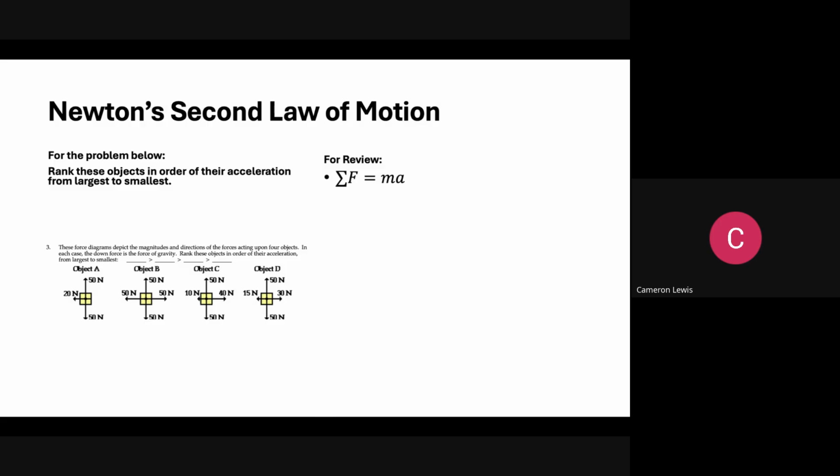So let's look at object A. Are the forces balanced in the up and down? Yes. So we don't want to look there. Where is their acceleration? The forces are unbalanced, because you see 20 newtons to your left.